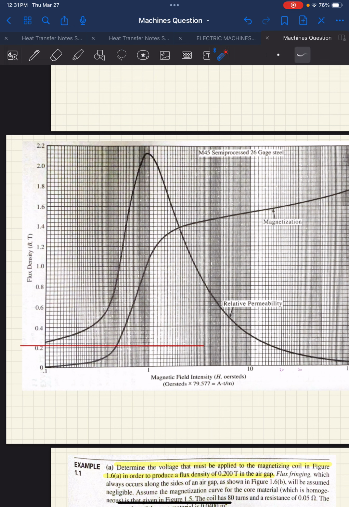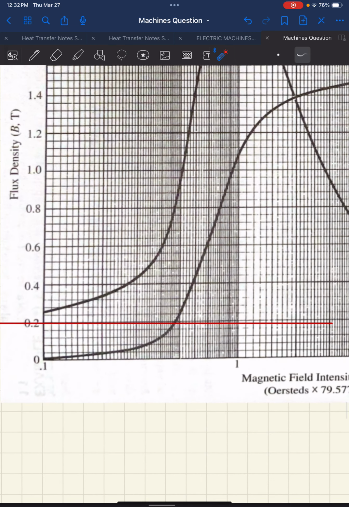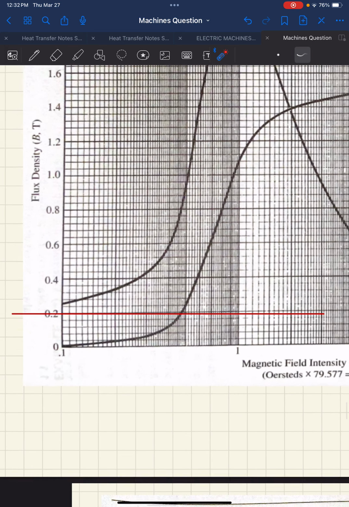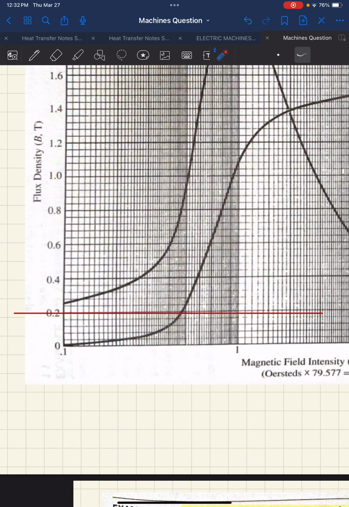I need to see where this line crosses the magnetization curve, this curve over here. When I scanned it, it's not perfect. It was a little bit off-centered. Even though the iPad does a straight line, it doesn't completely correspond, so I have to compensate a little bit here.